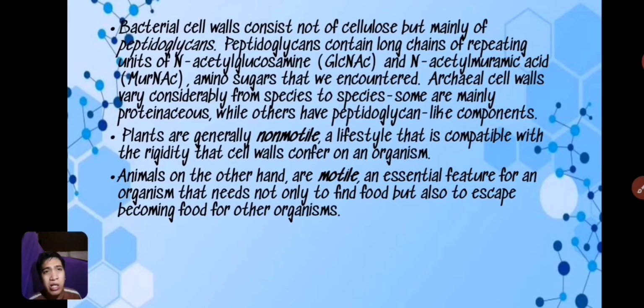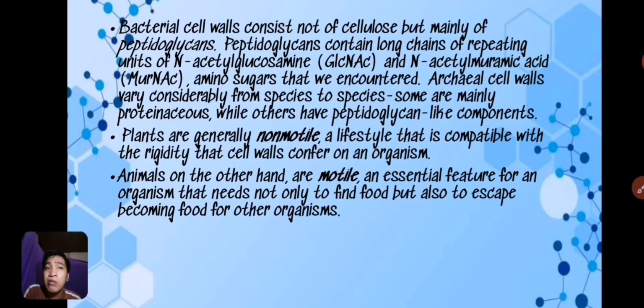Bacterial cell walls vary considerably from species to species. Some are mainly proteinaceous, while others have peptidoglycan-like components. Plants are generally non-motile, a lifestyle that is compatible with the rigidity that the cell wall confers on an organism.